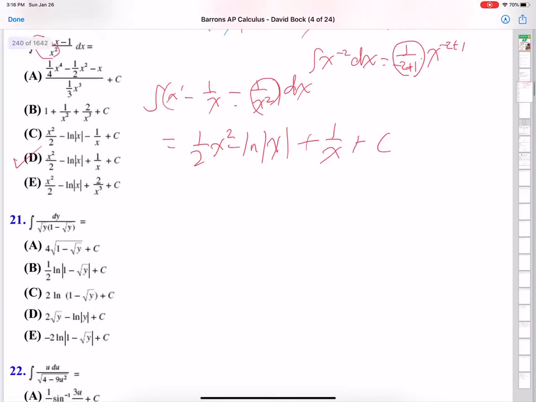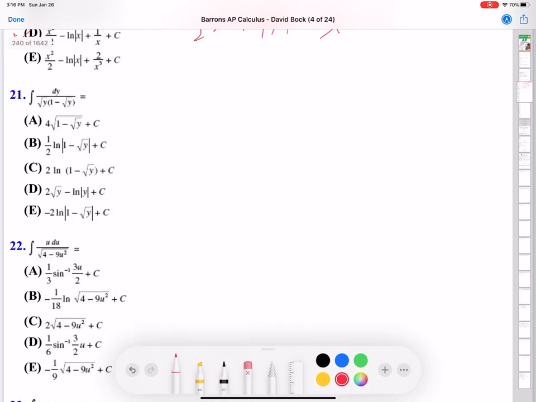Next problem, number 21. Integral 1/√y times 1 minus √y. Okay, this is a U substitution. Which part is going to be u? It's a little special case: the 1 minus √y part is going to be u.